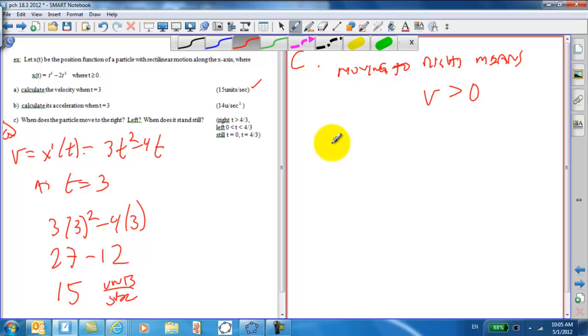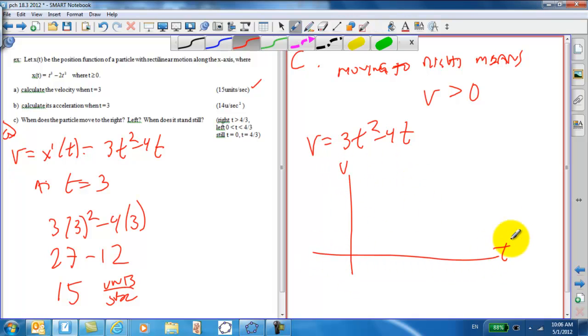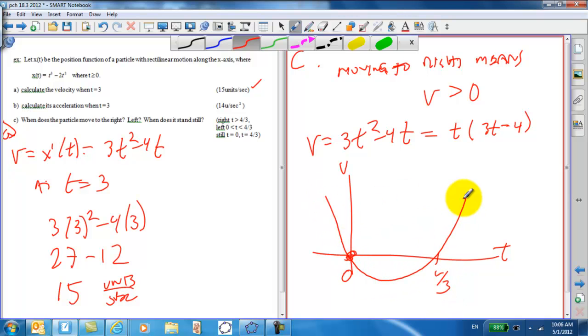So we can take a look at our velocity equation, which is 3t squared minus 4t, and think of it as a parabola. Here's velocity as a function of time. If you factor out the t, you're left with 3t minus 4. So it has roots at 0 and at 4/3. And it's a happy parabola like this.